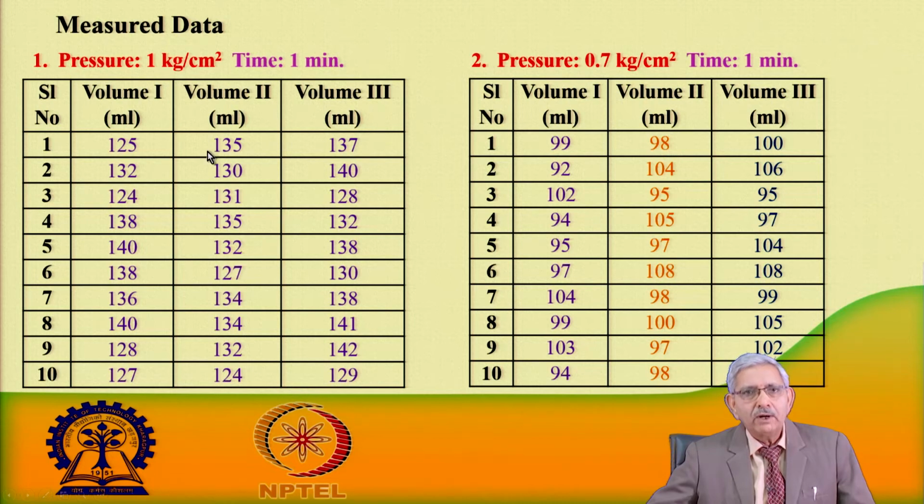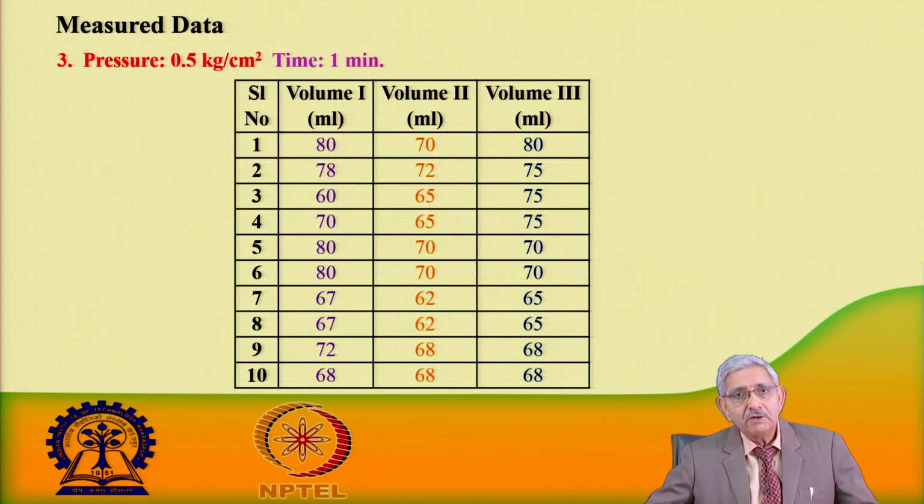So, the volume of water collected from the 10 drip emitters was measured for 1 minute at a pressure of 1 kg per square centimeter. Then the pressure was reduced, and again 3 sets of observations were taken for these drippers. So, this is the data obtained for another pressure.